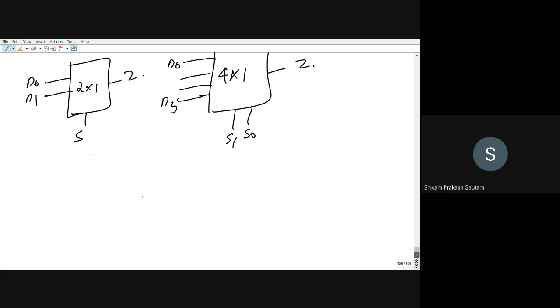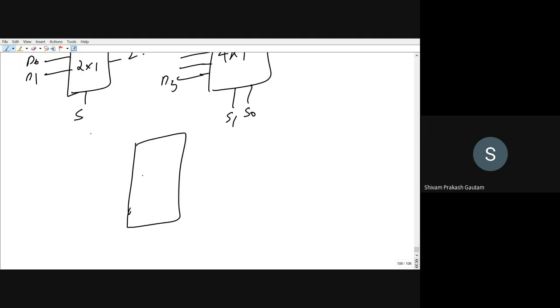Similarly for 8x1, we will have 8 inputs, D0 to D7. And how many select lines will we require for 8x1? 3 select lines.